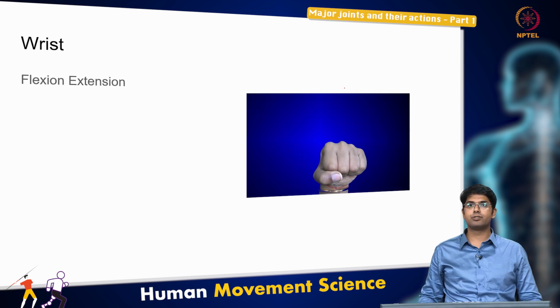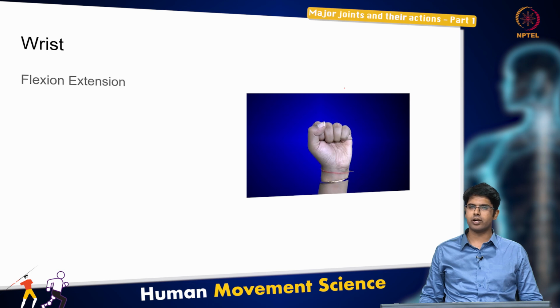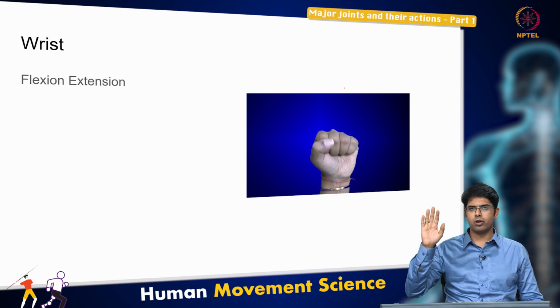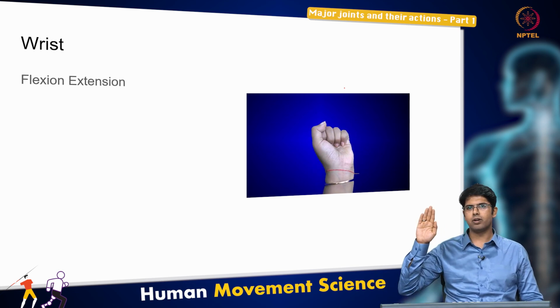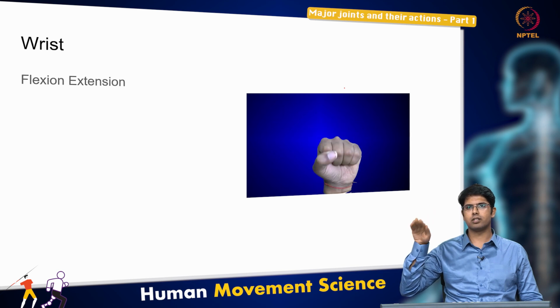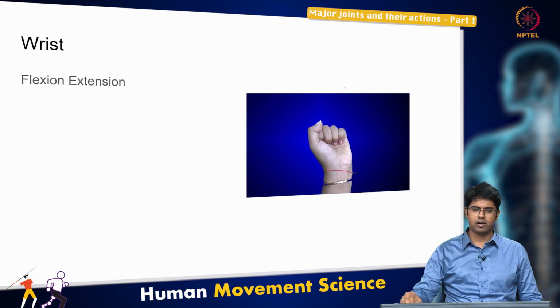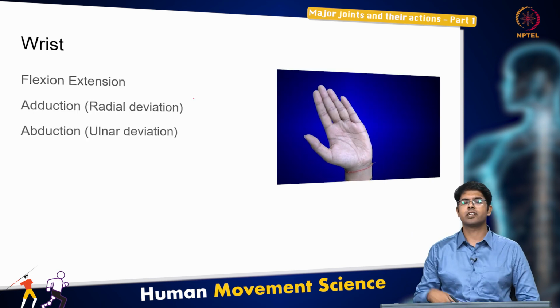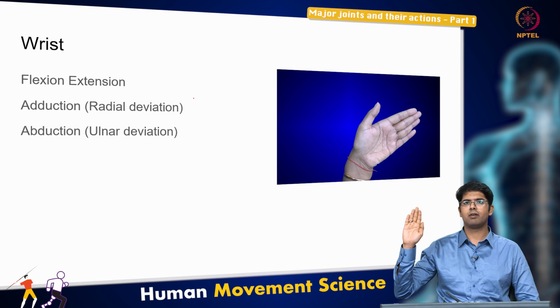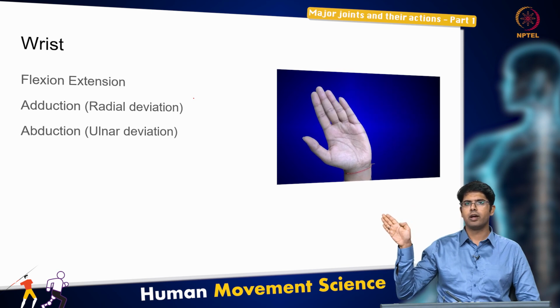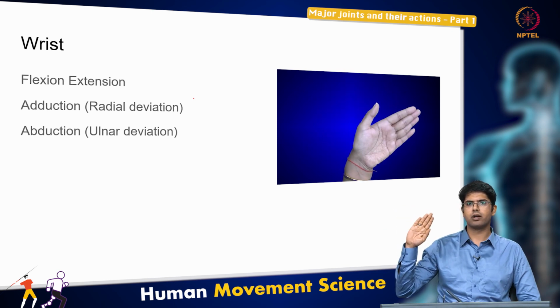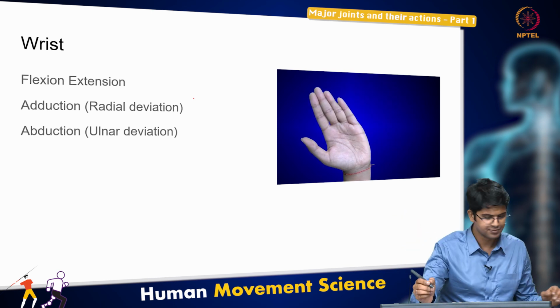So what can the wrist do? The wrist can do flexion and extension, right? If you hold your palm facing forward, you can move this. This is flexion and extension. Next up, you can put your palm facing forward and you can abduct or adduct your wrist.